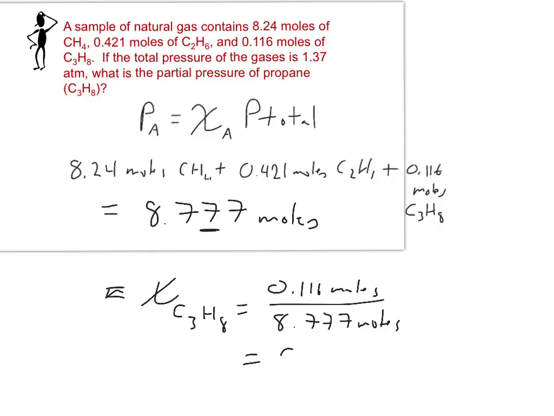Do that math correctly, it's 0.01321, but 3 sig figs. That's the mole fraction of propane.